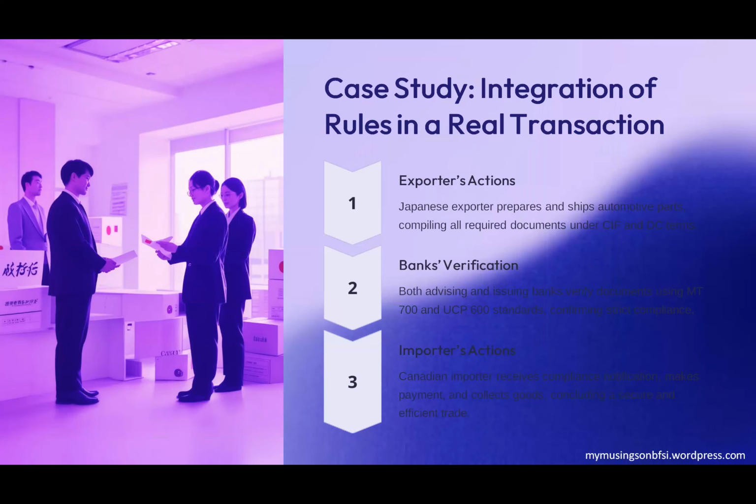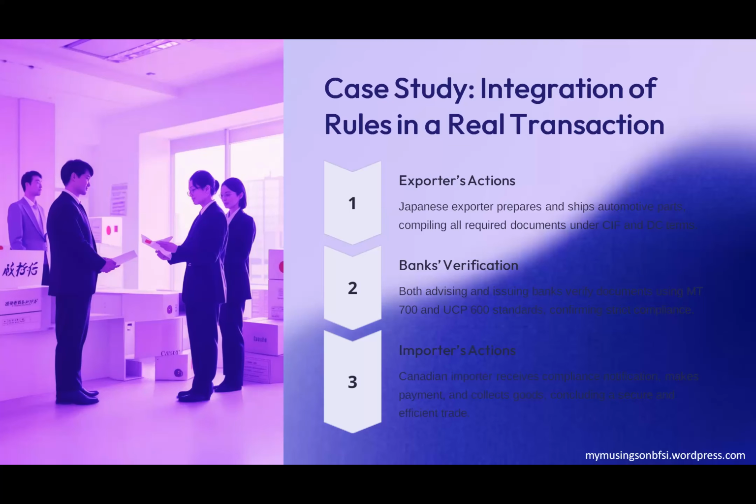So the exporter will prepare the goods, prepare the documents, ship the goods, submit the documents. Bank will verify. When found compliant, the documents will be sent to the issuing bank. Issuing bank will again verify. When found compliant, it will tell the applicant that the documents have arrived and they have to make payment for the compliant documents.